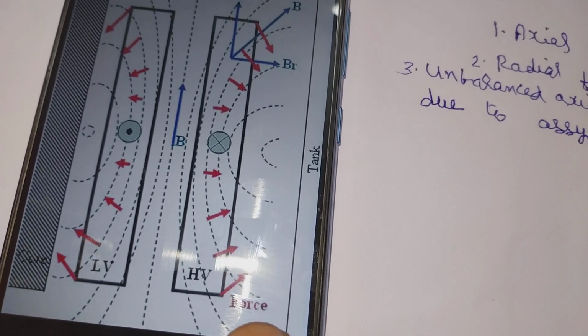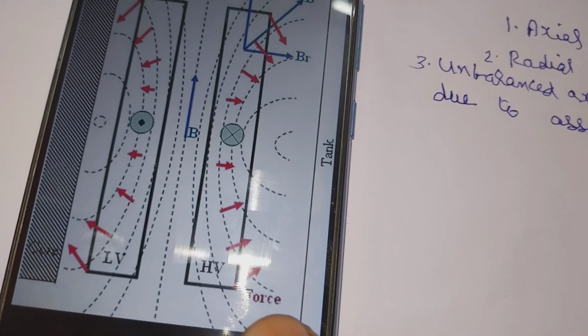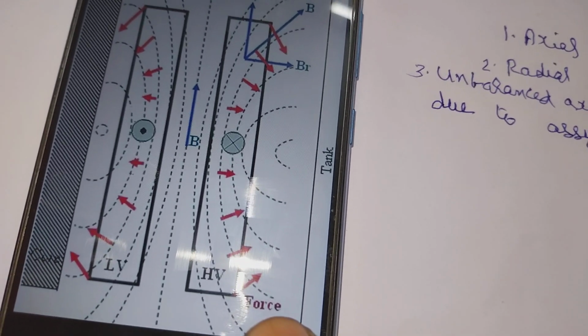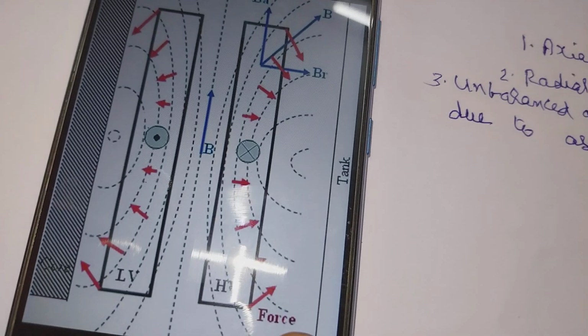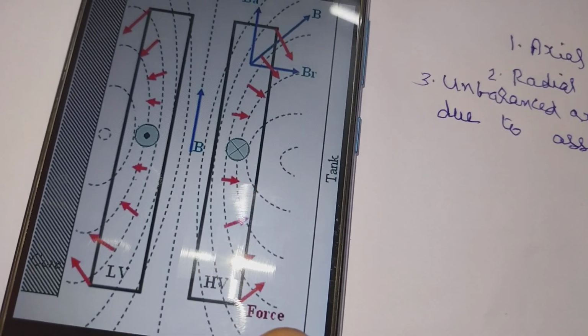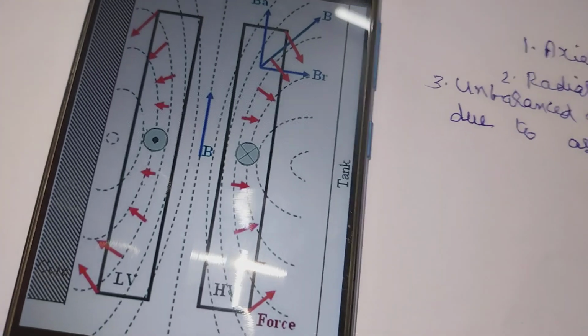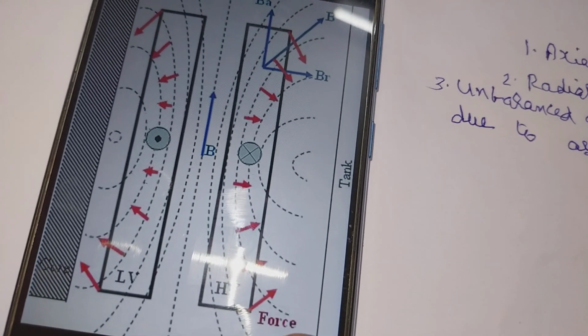The tendency of the radial force is to make the coils circular, and as they are already circular, there is no deformation. But if rectangular or square coils are used, they would be deformed by the radial forces.